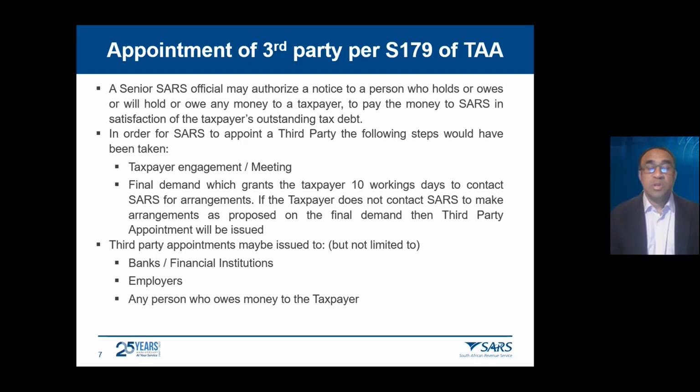It's just that you will not be involved in the process of that action being taken. The appointment of third parties could be banks, financial institutions, employers, or any other person who owes the taxpayer money.